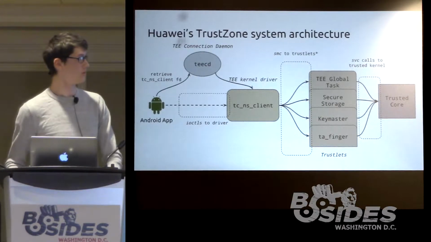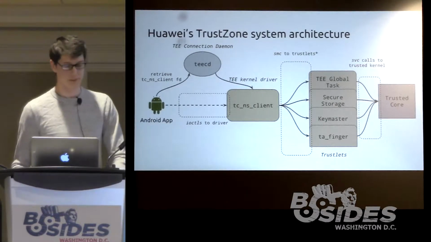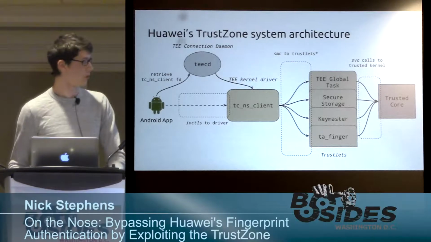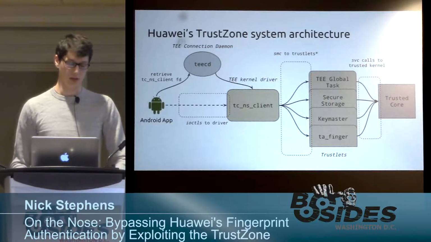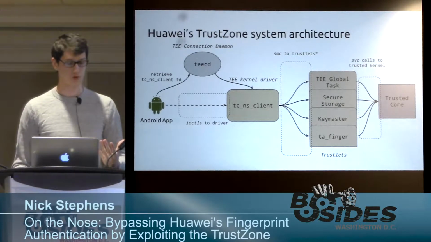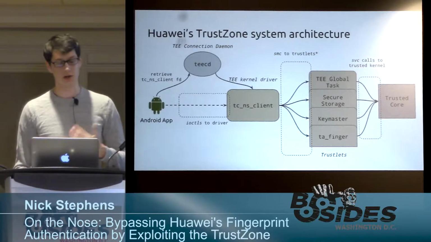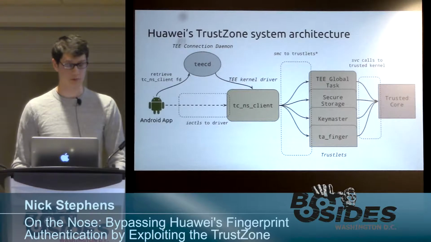This is a userland component that's listening on a Unix domain socket, TCD, and it's going to be taking requests from our Android apps, and it will be deciding if the Android app is worthy, and then serializing a credential structure, sending that off to the kernel driver, and then it'll be the responsibility of the kernel driver to send that off to all the trustlets that want to do permission checking themselves.